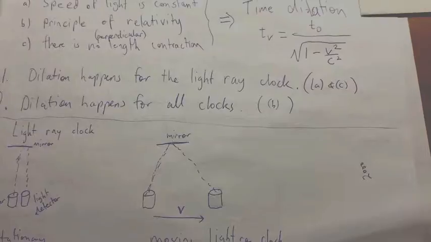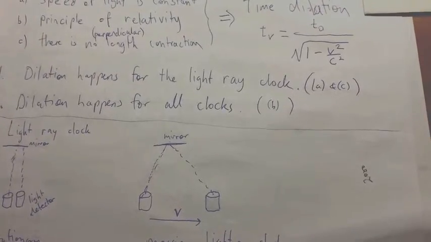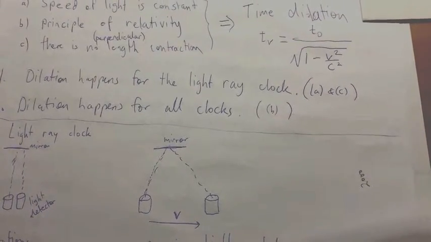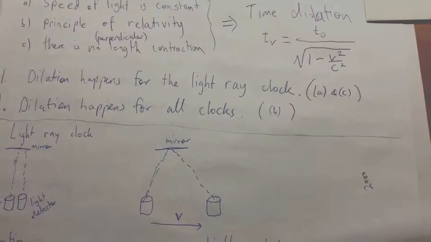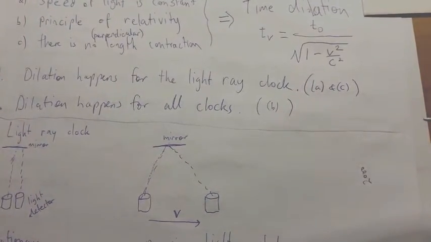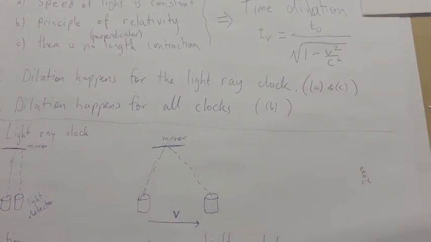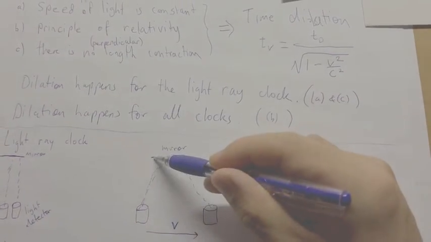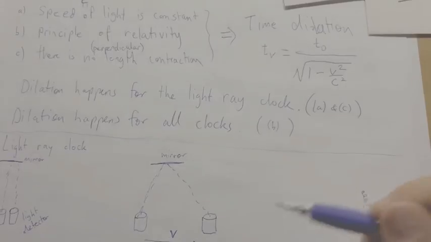Now how does the measure of time seem to differ? Well, we said that the measure of time depended on the distance and the speed. So the distance is the same because there's no length contraction.